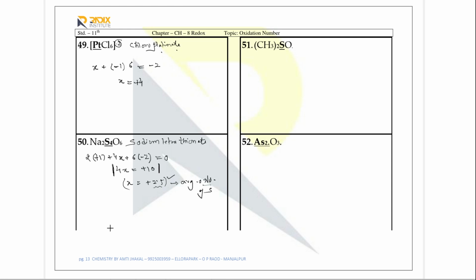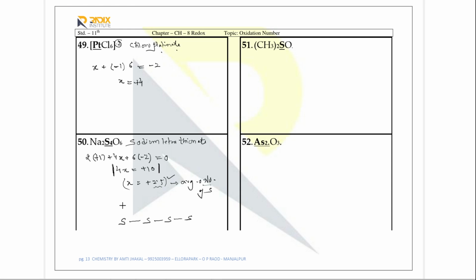If you want to find individually, then what we have to do? To find the individual oxidation state, we have to draw the structure of the S4O6 ion. So this is sulfur, sulfur, sulfur and sulfur.